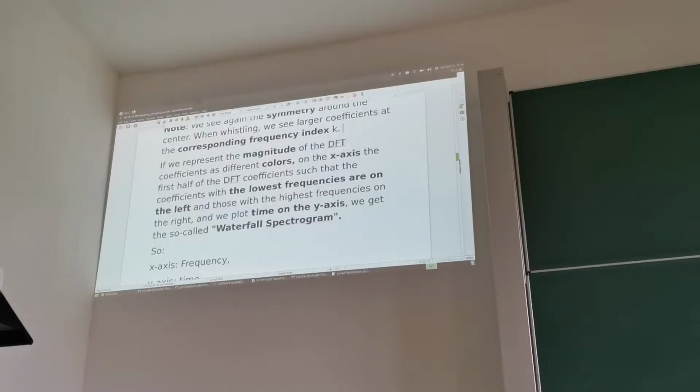We can also represent the magnitude of the DFT coefficients as different colors. On the x-axis, the first half of the DFT coefficients such that the coefficients with the lowest frequencies are on the left and those with the highest frequencies on the right. And you plot time on the y-axis. Then we get a so-called waterfall plot.